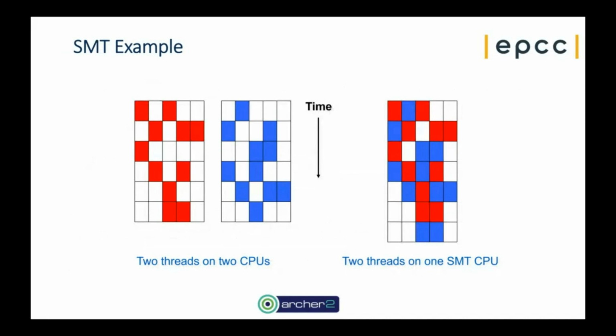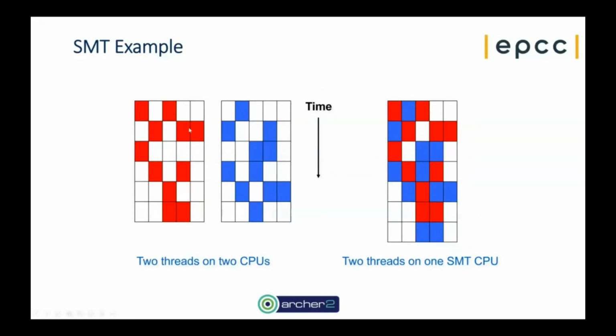The example here is, we can consider each of the columns of these pictures as functional units, so that could be like the integer unit and 2 floating point units, and a load and a store and a branch prediction unit. And then each one of these threads, the blue thread and the red thread, in each cycle time, which is what the rows are, is using a different set of functional units.